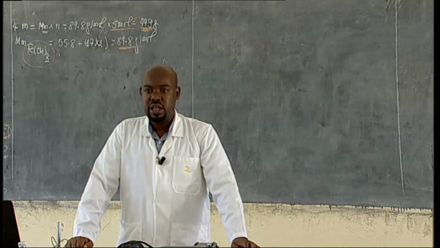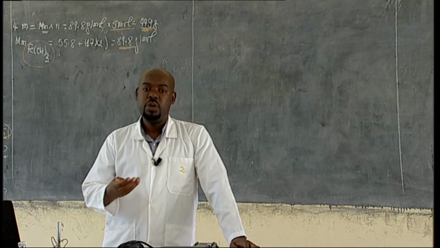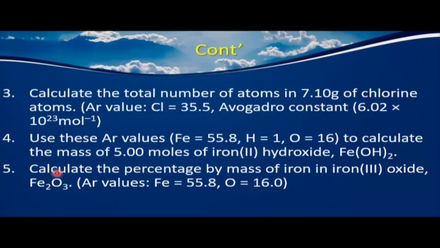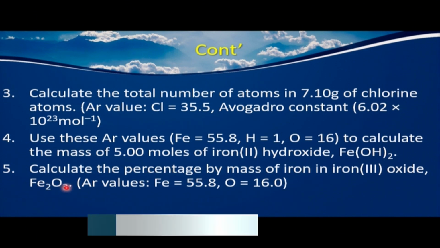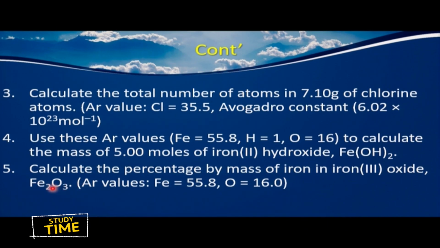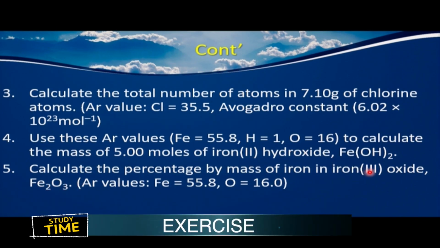So you should always be able to write the molecular formula of compounds, because whenever you are given a name like iron 3 oxide and you are not able to write the formula of that compound, then you will not be able to identify its molar mass, because you don't have the exact number of atoms in the compound. So you should always be able to write the molecular formula of these compounds.